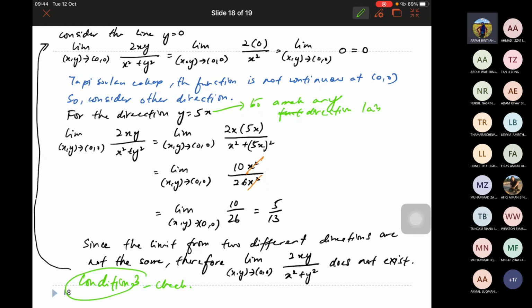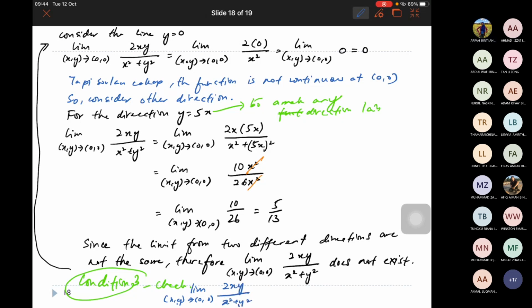Condition 3 menyatakan bahawa sesuatu point tu continuous kalau limit xy approaches 0 sama dengan approach 3. Okay. So condition 3 ni limit of xy approaches 0, 0, 2xy over x squared plus y squared.